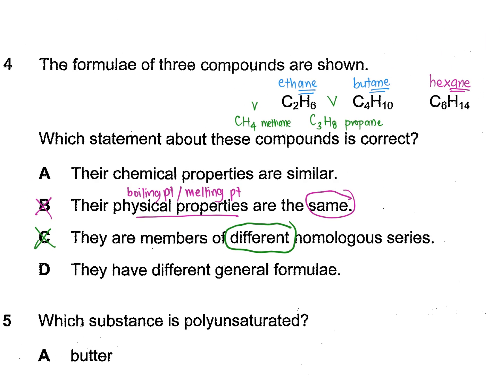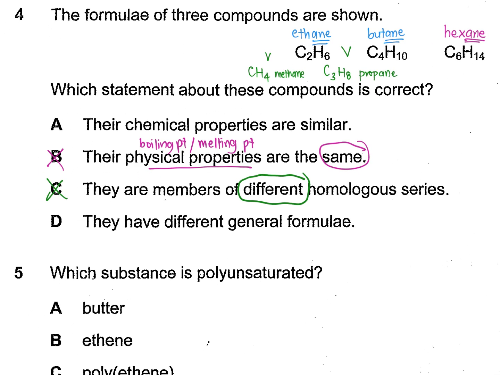Okay? Then, do they have different general formula? No, right? Once they're in the same family, they must have the same general formula. So the only one that is correct is actually your A. Why is A correct? Why is chemical property similar? Basically, if I change this question to members of alcohol, alkene, carboxylic acid, which all have the same or similar chemical property, what accounts for chemical properties?